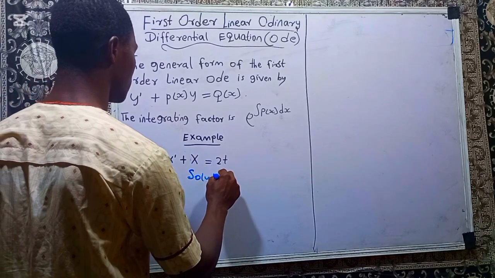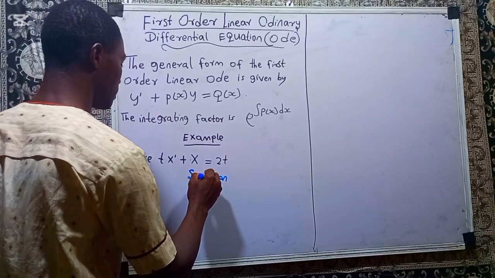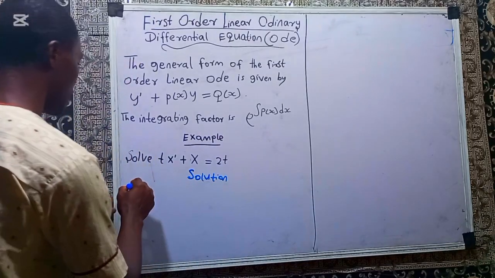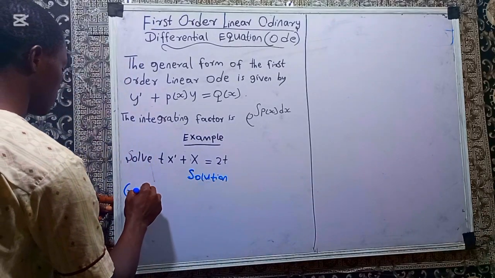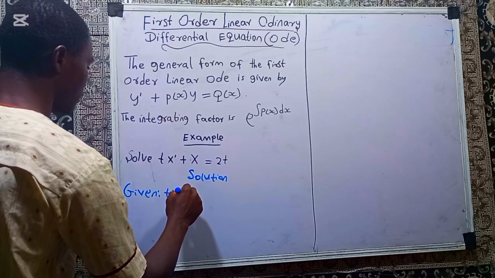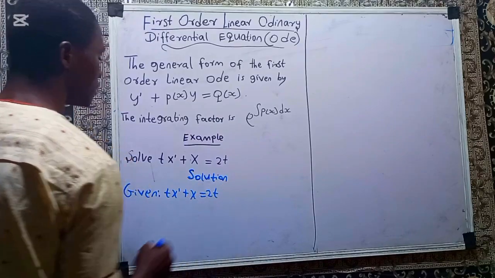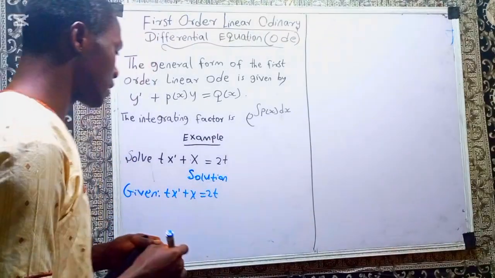Solution. We are given t x prime plus x equals 2t. This is what is given to us, right?